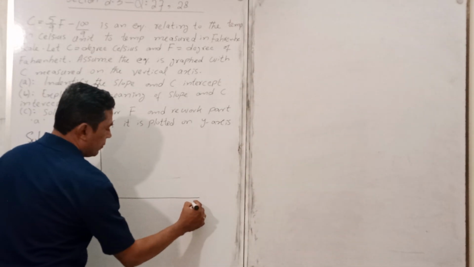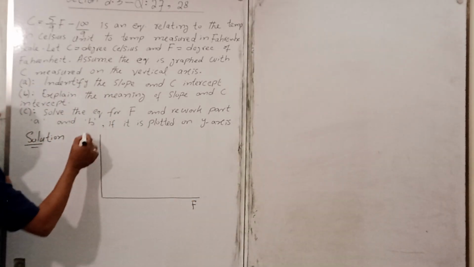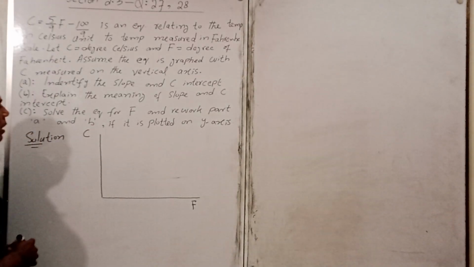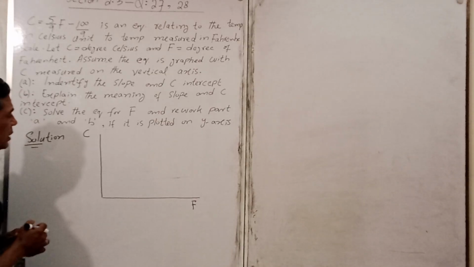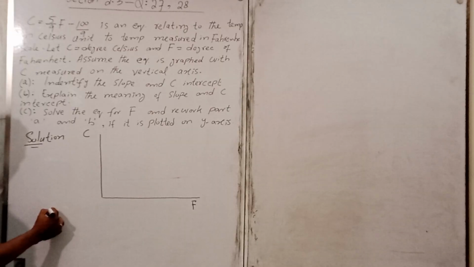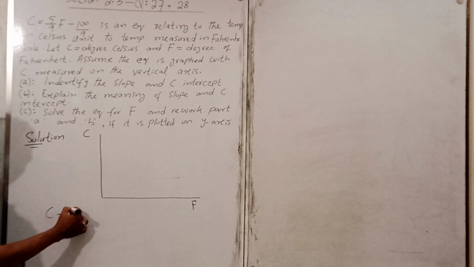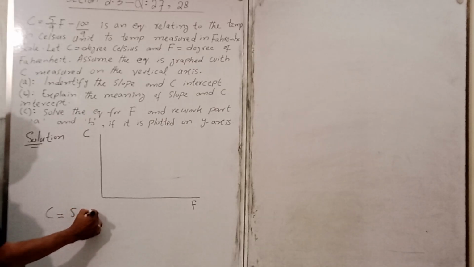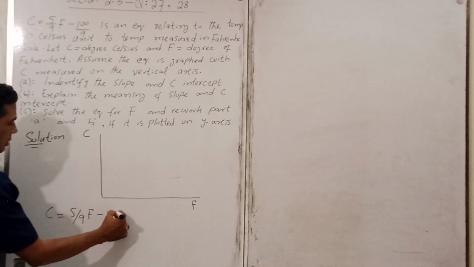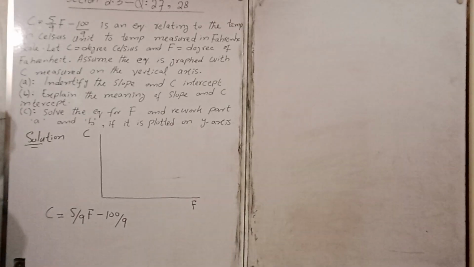This is your F, the Fahrenheit scale, and this one is your Celsius scale C. And what equation do you have here? We have the equation C equal to 5 over 9 F minus 100 over 9. Okay.